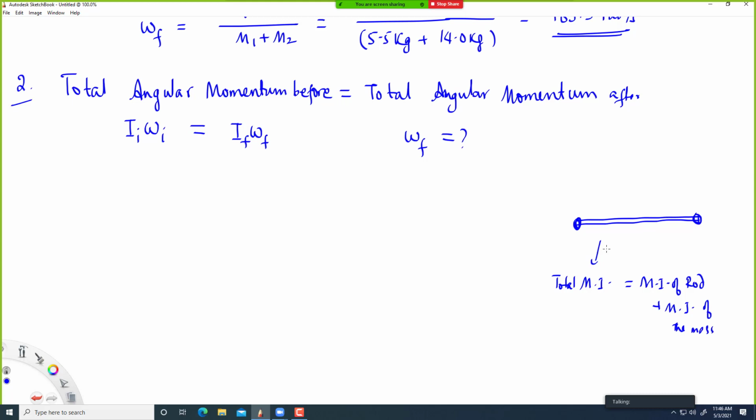So the moment of inertia would be I of the person or professor plus I of the dumbbells. And this is for arms stretched. Also we have two things: I of professor plus I of dumbbell, and this is for arms folded.